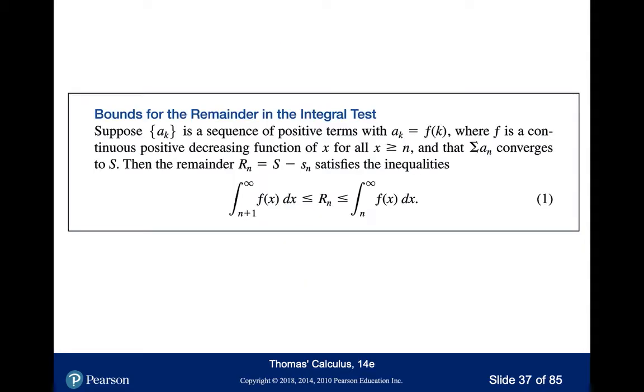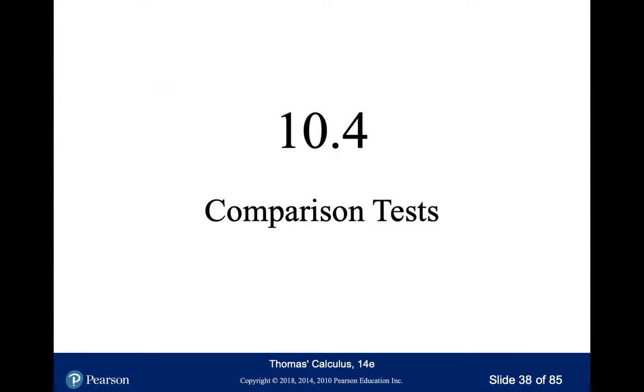This rule gives us boundaries: if we integrate with our lower limit changing from n plus 1 to just n, that gives us the boundaries for the remainder, the difference between the sum and S sub n. We are not going to be calculating those remainders too much. We are going to be more focused on whether we have a convergent or a divergent series.